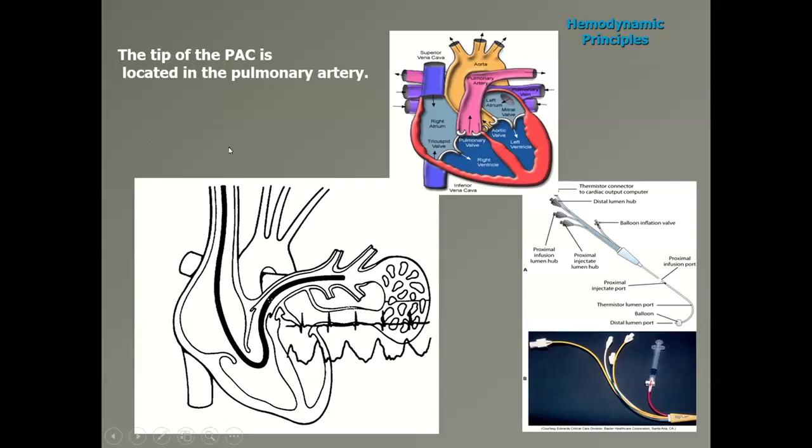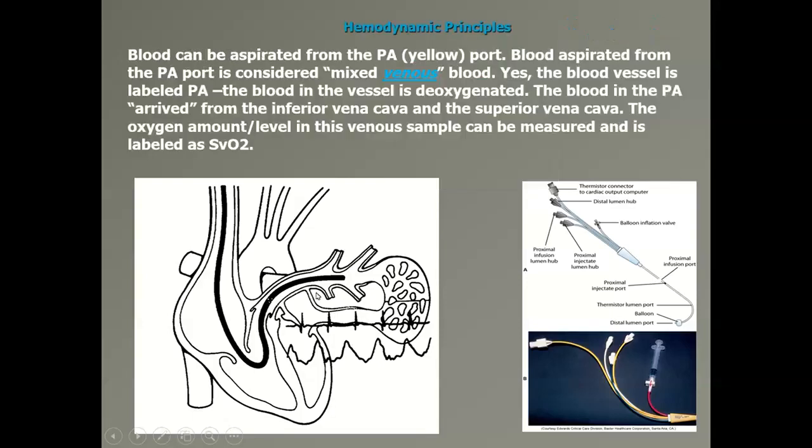So it is initially inserted into one of the big veins. It could be a subclavian or an internal jugular, and then it can go in through the inferior or superior vena cava, through the right atrium, right ventricle, and then it lives out in the pulmonary artery. And if you notice with this catheter, the tip of it is in the pulmonary artery, and at the other end of the catheter there are ports.